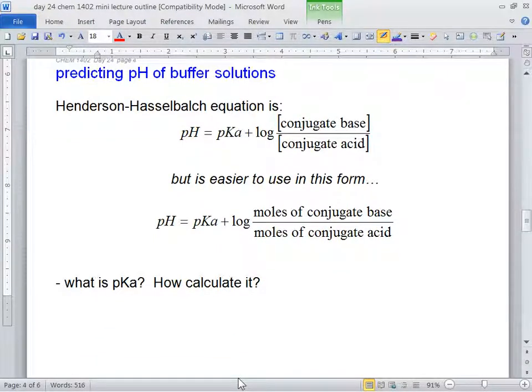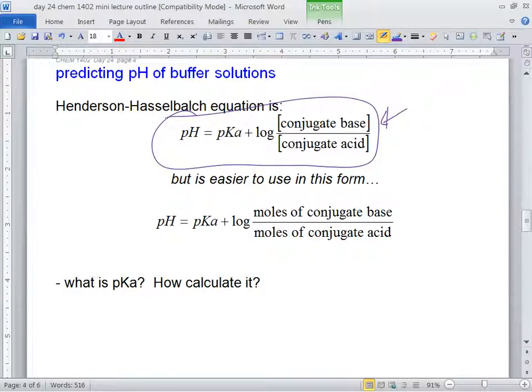But how do you get the answers in the back of the book? They want to know what the new pH is. They're going to say, okay, here's your buffer. You have such a concentration of HF. We're going to add 20 mils of 0.2 molar sodium hydroxide. What's the new pH? Well, we need the equation. So here it is. They call it the Henderson-Hasselbalch equation. This is what the book gives us.